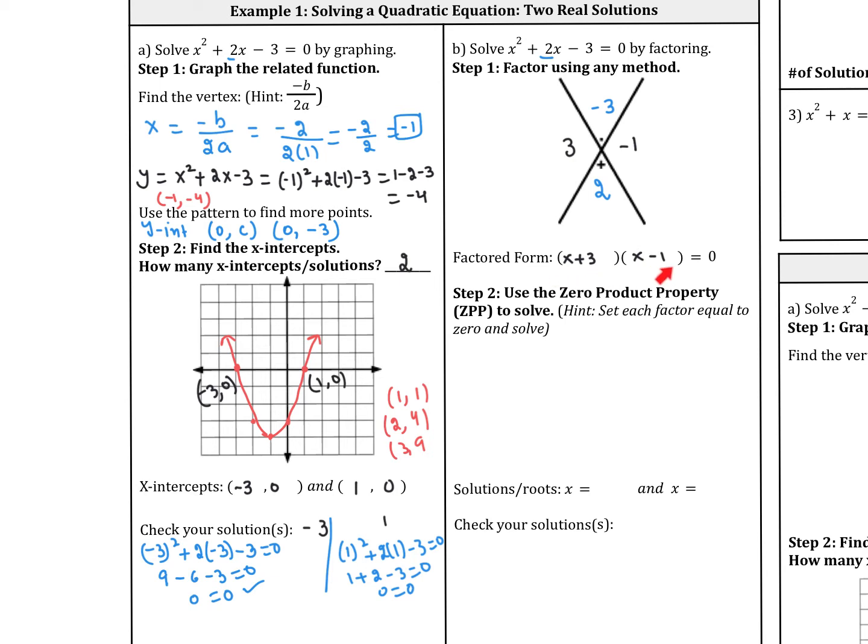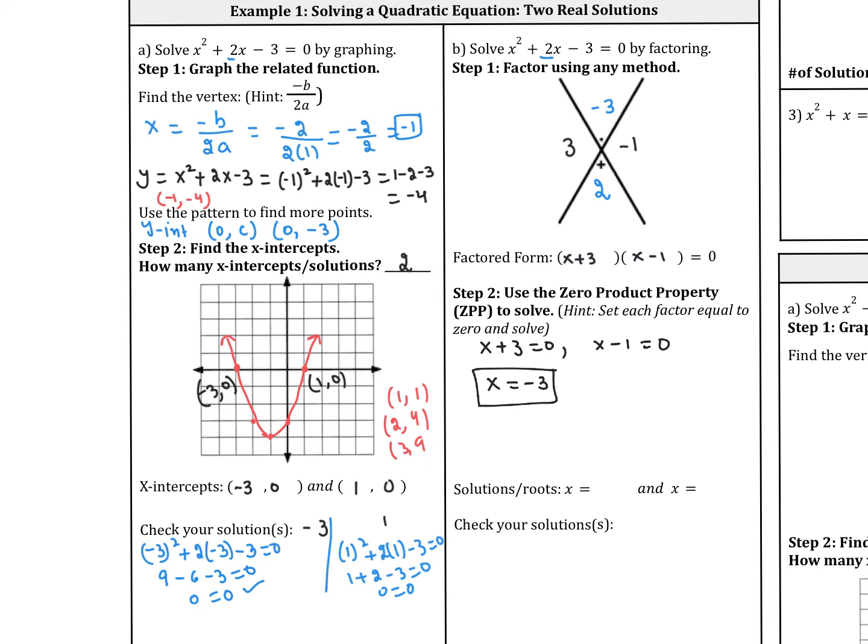Now these are the two factors we got from this equation. But we're going to find out the x value. To find out the x value, we're going to use the zero product property. The zero product property is you put them equal to 0 one by one and you solve for x.